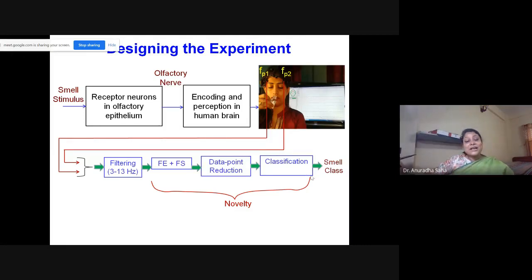And this is going to be detected from our EEG signals, but not visually, right?